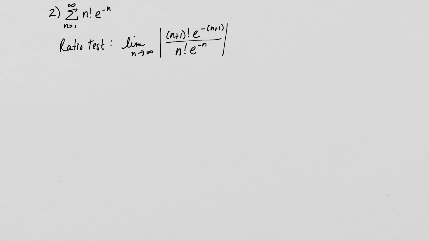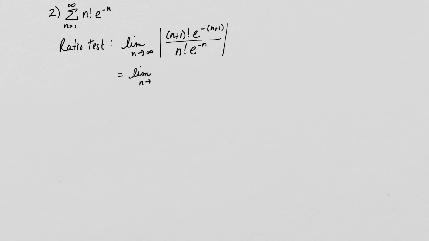So for the ratio test, we look at the limit as n approaches infinity, and we always take the n plus first term, so that's going to be n plus 1 factorial e to the negative n plus 1, and we're going to divide it by n factorial, the original, e to the minus n. Now I'm going to do a little bit of algebra here.